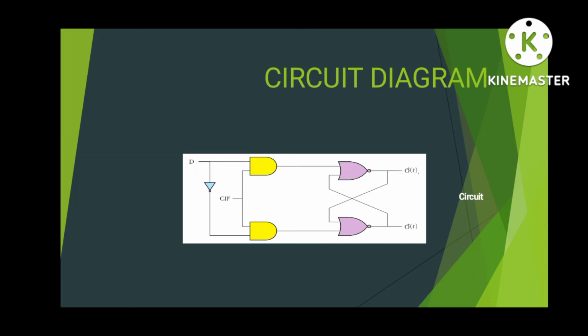Now this is the circuit diagram of D flip-flop. The whole circuit is designed with the help of AND gates and NOR gates. It has one main input D and the clock also acts as an input. In the circuit, the output of one NOR gate is fed as input of the other NOR gate.